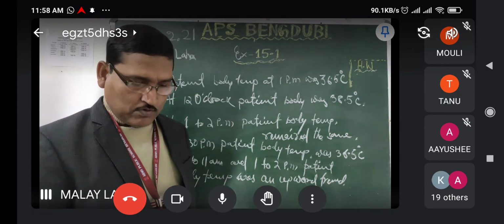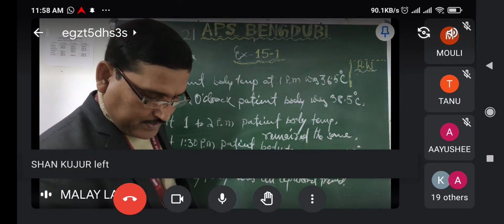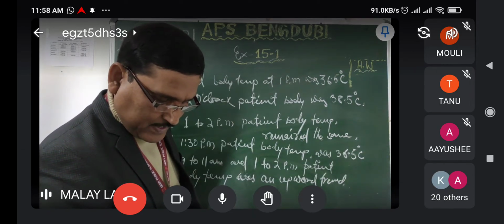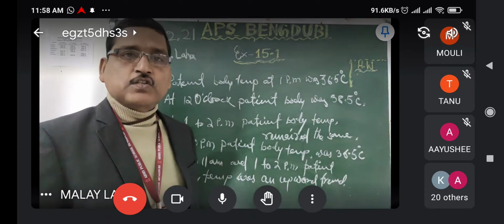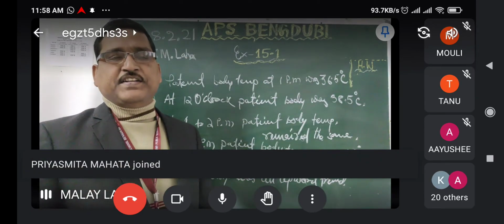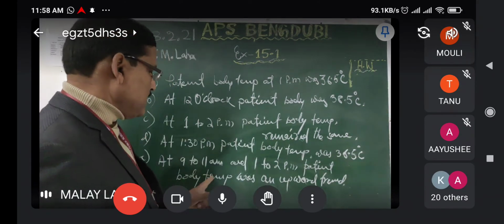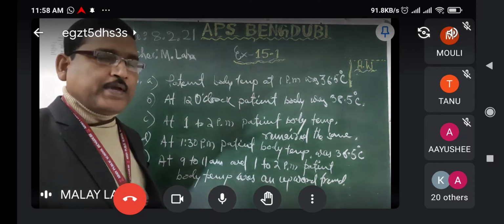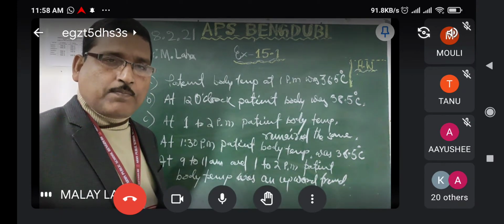After that it goes downward; at 2 p.m. it is 36.5, and at 3 p.m. it is 37. So where is the temperature increasing? We have to identify the upward trend. So 9 to 11 upward trend and 1 to 2 p.m. upward trend. Any problem now?